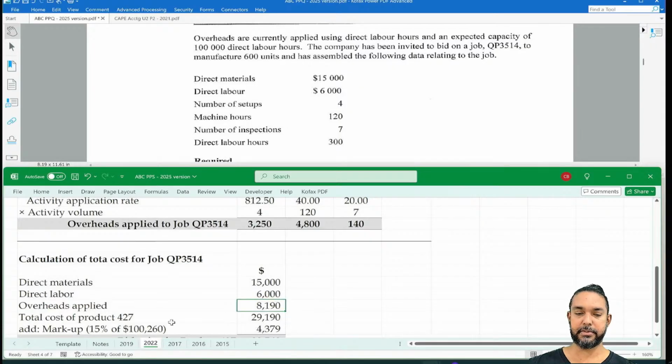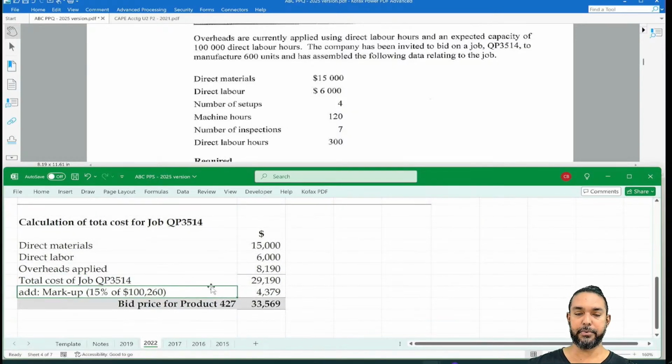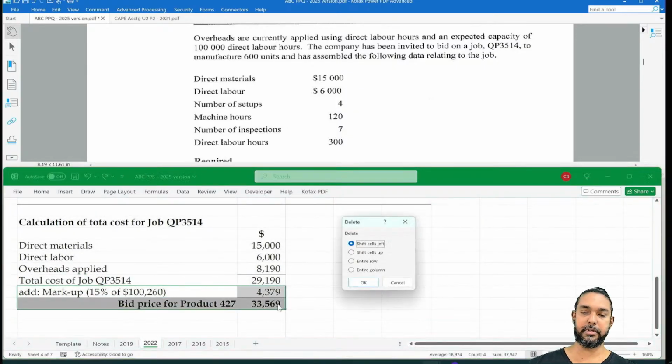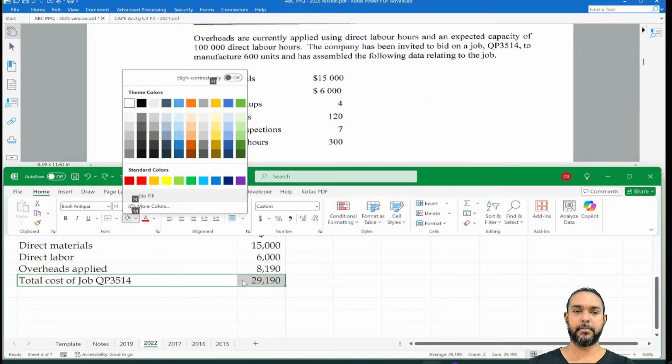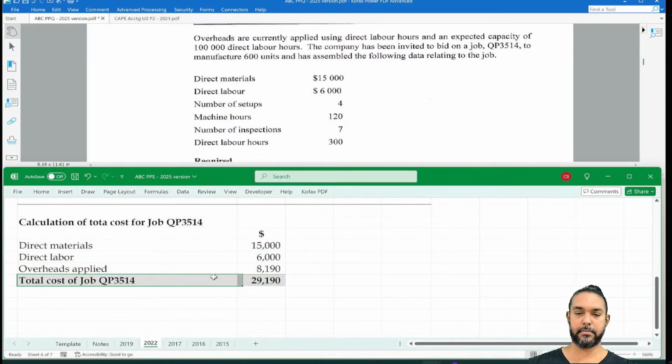Right, 8190. So total cost of job QP 3514. And we don't need anything else below that, so we're just gonna delete that, pull up those rows.